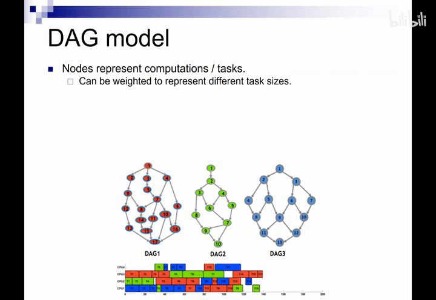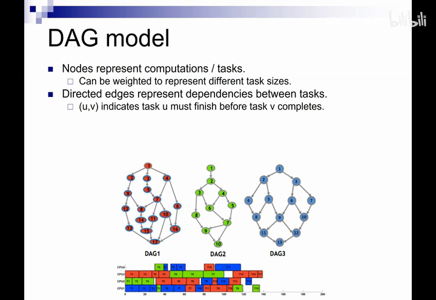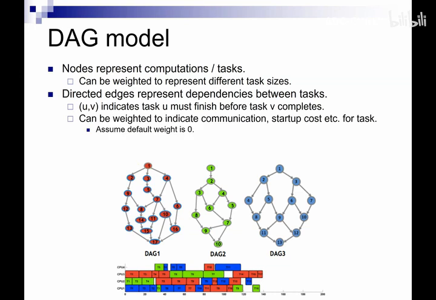Again, we take a big computation and break it up into a bunch of small tasks, and then we put in edges to represent the precedence relation between the tasks. Furthermore, we can have weights on these nodes, and we can also have weights on the edges. The weights basically represent the size of each task, or maybe the size of a communication.